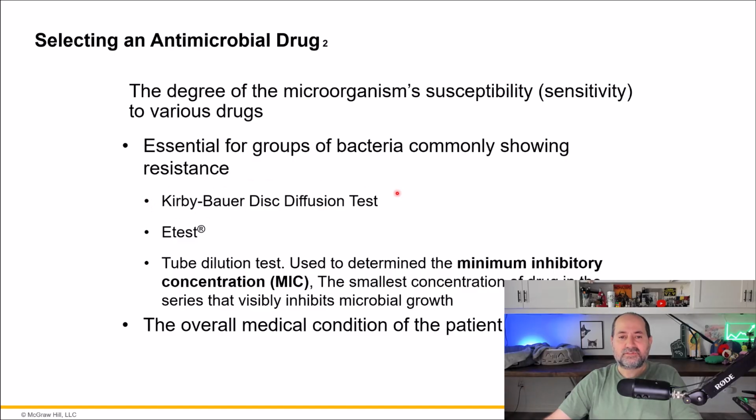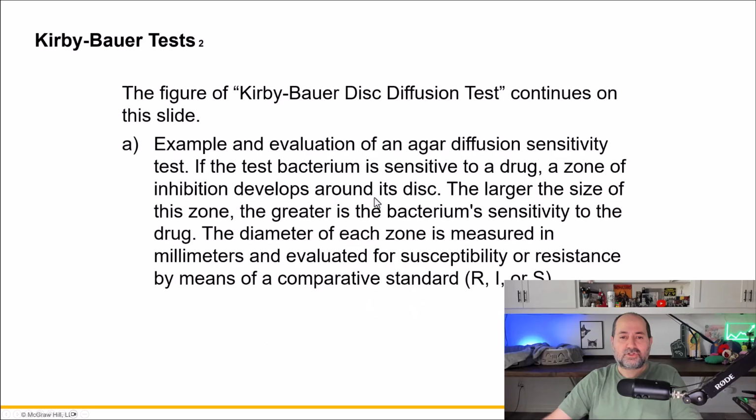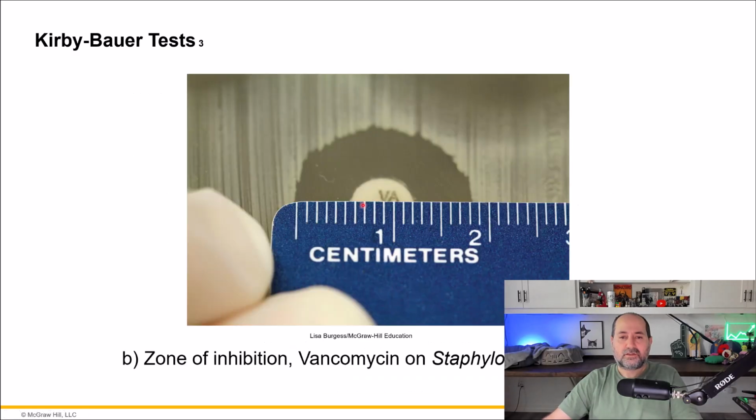We can remember, if a bacteria is susceptible to an antibiotic, then when you do the Kirby-Bauer test, you're going to have a large zone of inhibition.